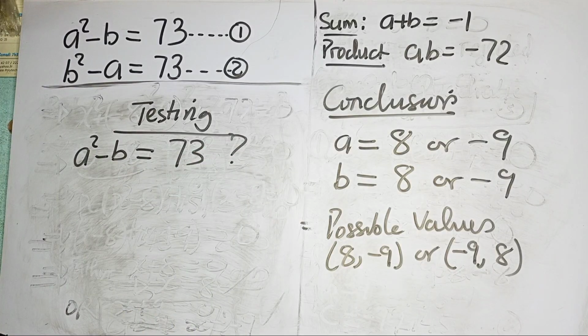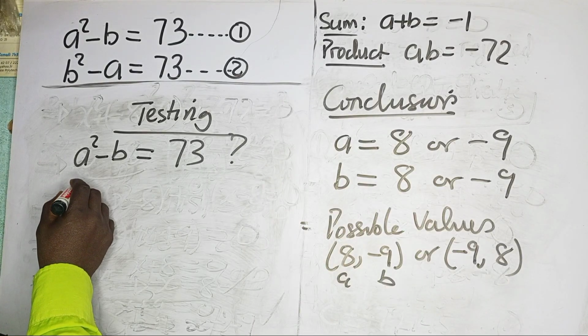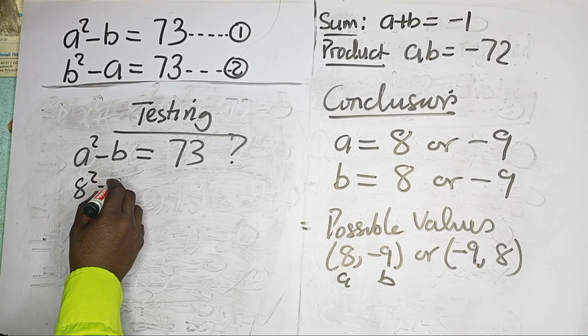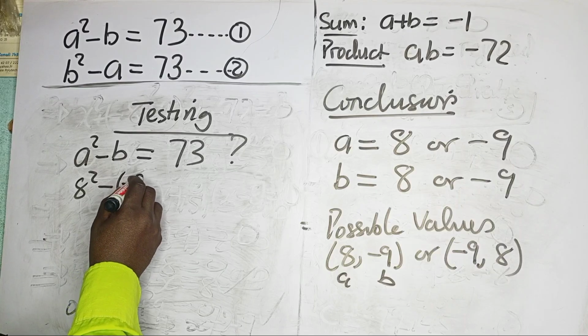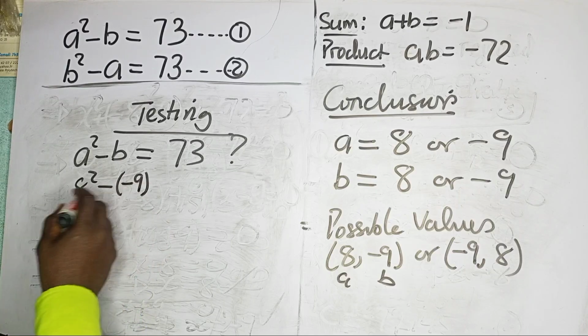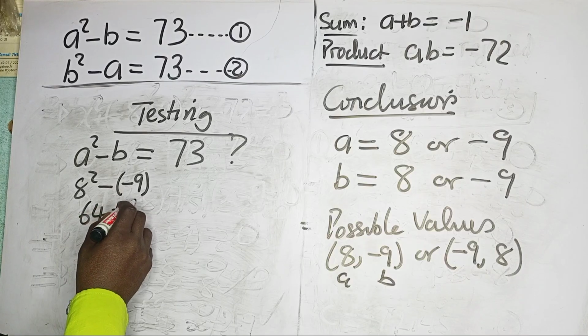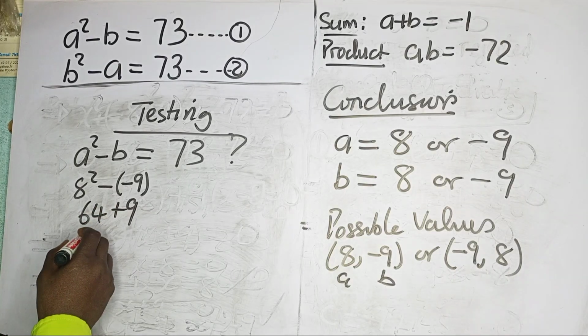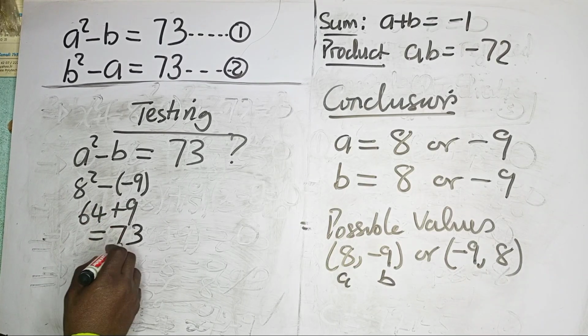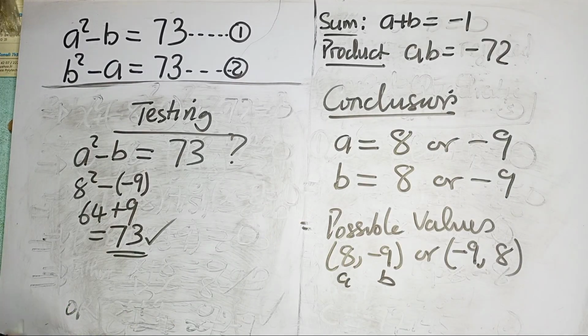So our a is 8 and our b is 9. We'll have 8 squared minus 9. 8 squared is 64. Minus becomes plus. 64 plus 9 gives us 73. All right, so the left hand side agrees with the right hand side. So this information is correct.